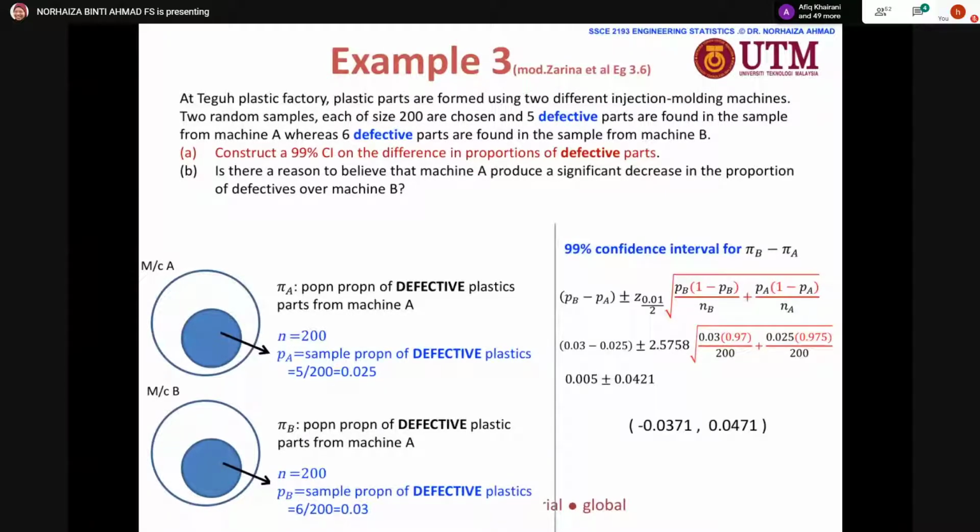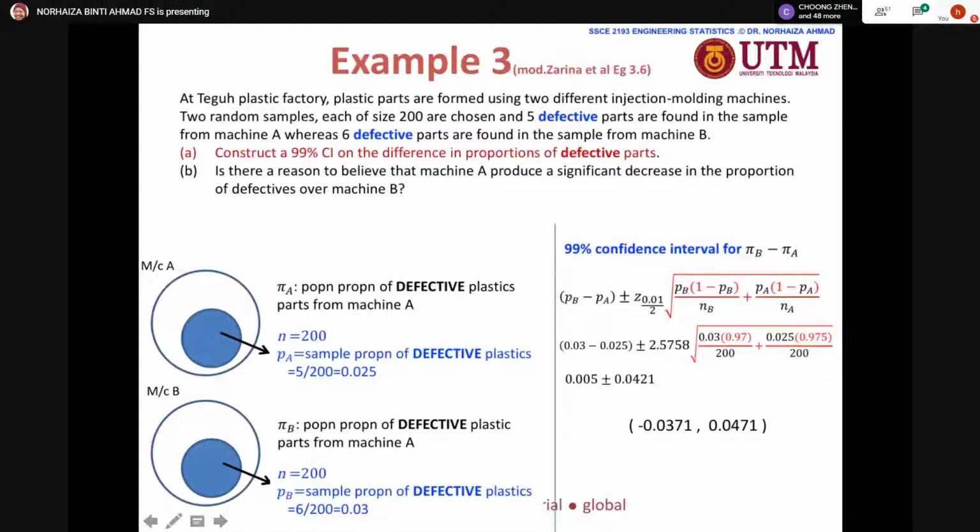Note that here I'm taking pi B minus pi A. If I do pi B minus pi A, then my sample estimate has to be B minus A. The rest of the information follows. For 99%, alpha is 0.01, divided by 2 is 0.005. Find this value from your statistics table, and you get your interval.